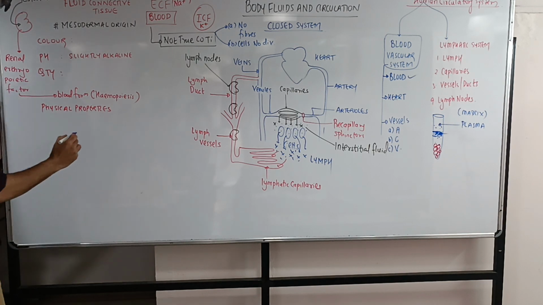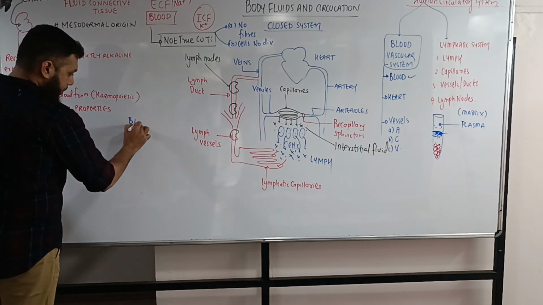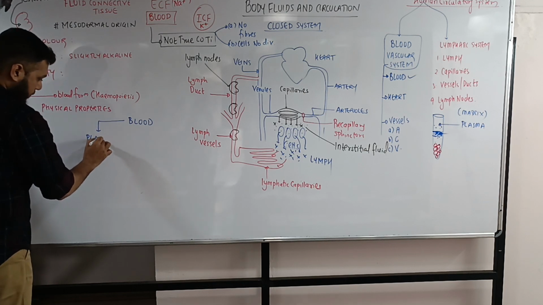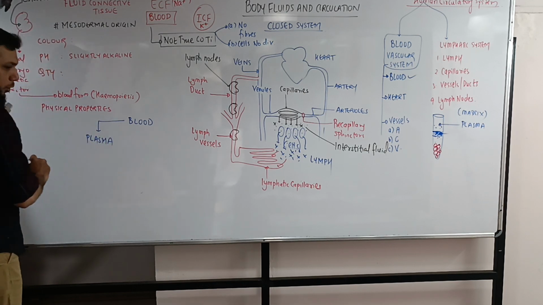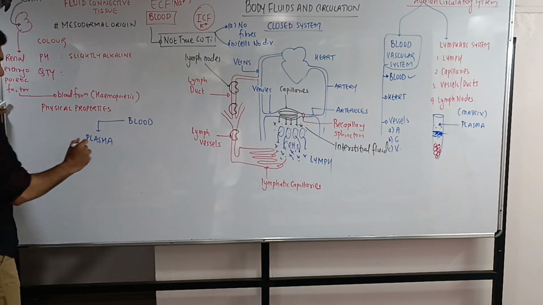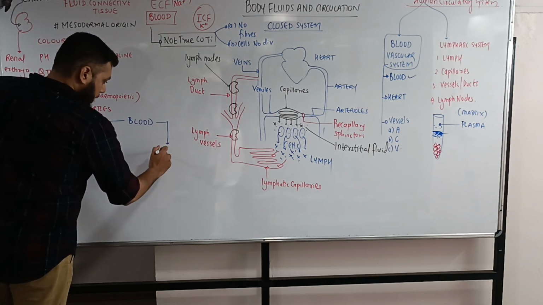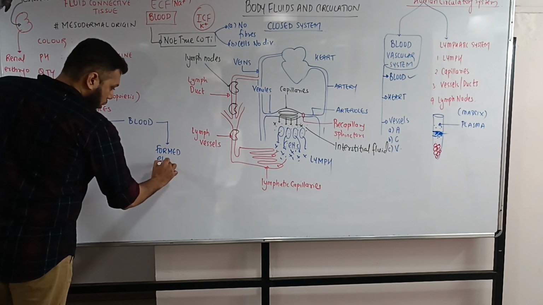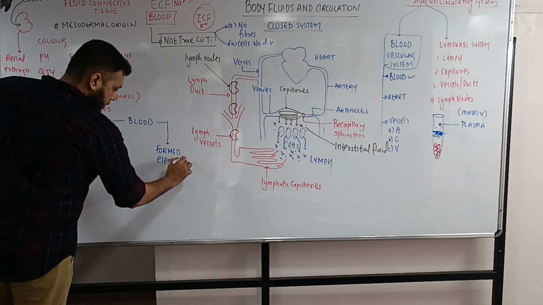So the human blood shows the presence of the liquid part, which is called plasma, and the solid part, which is called the formed elements.